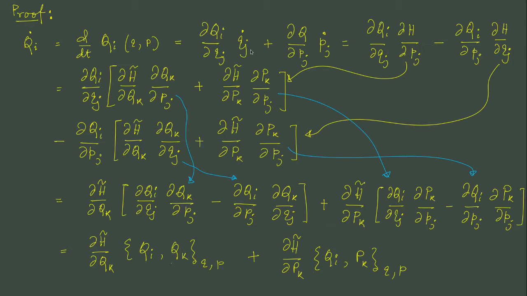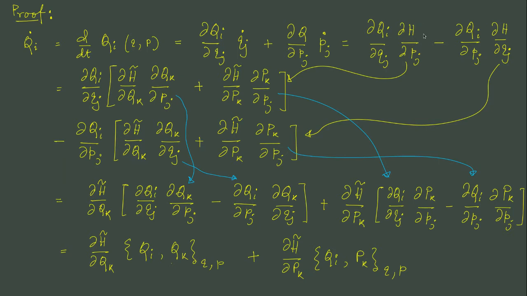So, we have ∂Qi/∂qj times qj dot, plus ∂Qi/∂pj times pj dot. Obviously, we can replace the qj dot and pj dot using Hamilton's equations. And after that, we can do a little more algebra.